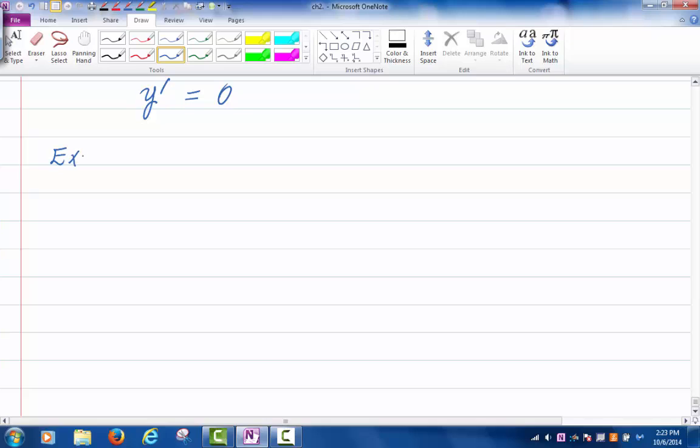If you are asked to find the derivative of, let's say, g of x equals 1 over x to the 5, would you apply the quotient rule? You could. Notice what's going to happen if I apply the quotient rule.